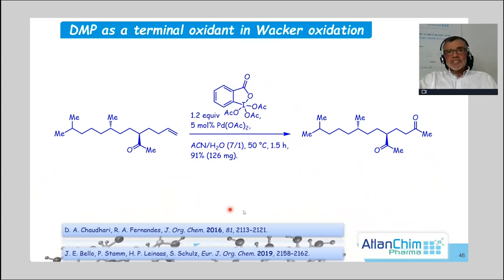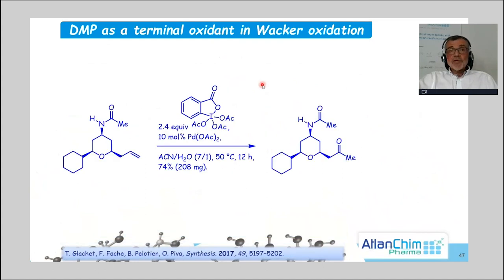As you can see in this example, the yield is excellent with this procedure using Dess-Martin's reagent as a terminal oxidant to oxidize this double bond into this corresponding methyl ketone moiety. The reaction was carried out at a lower temperature compared to the protocol with molecular oxygen.